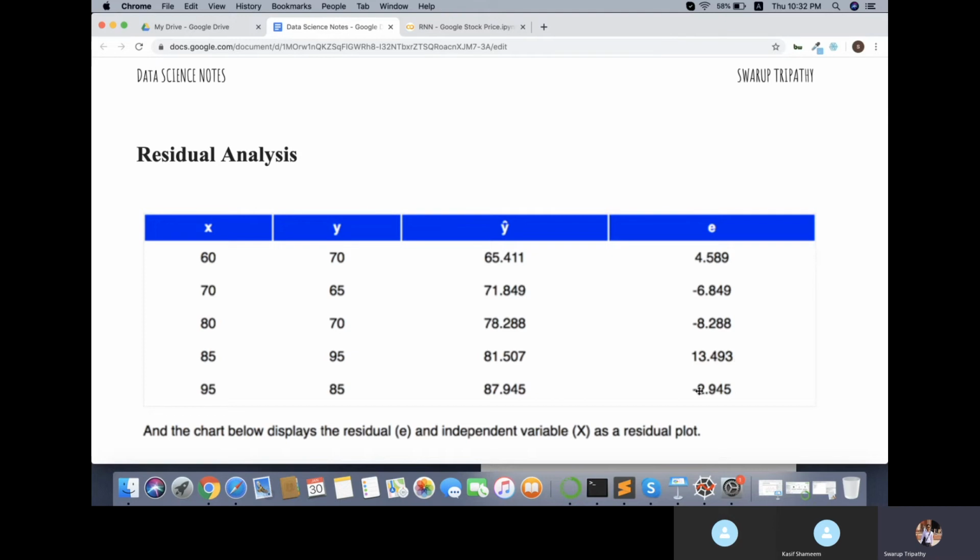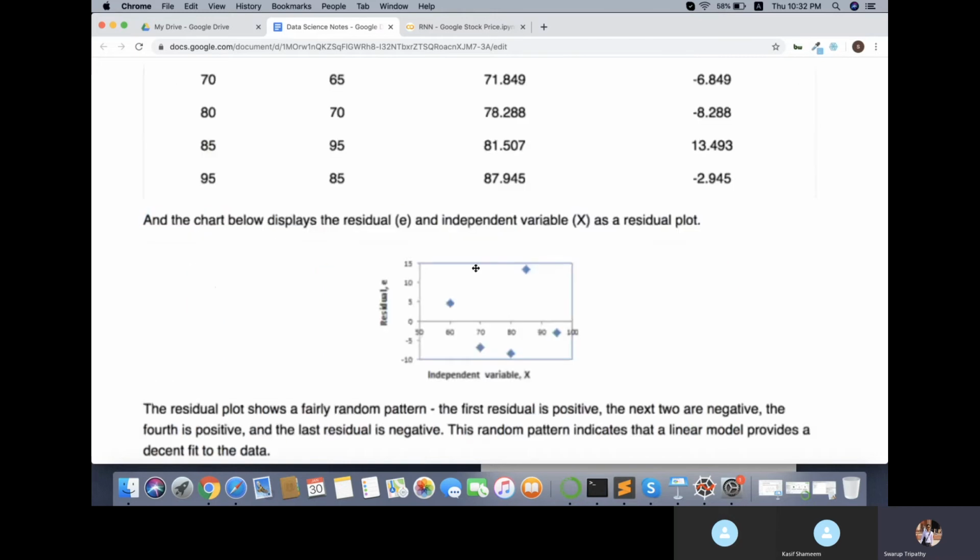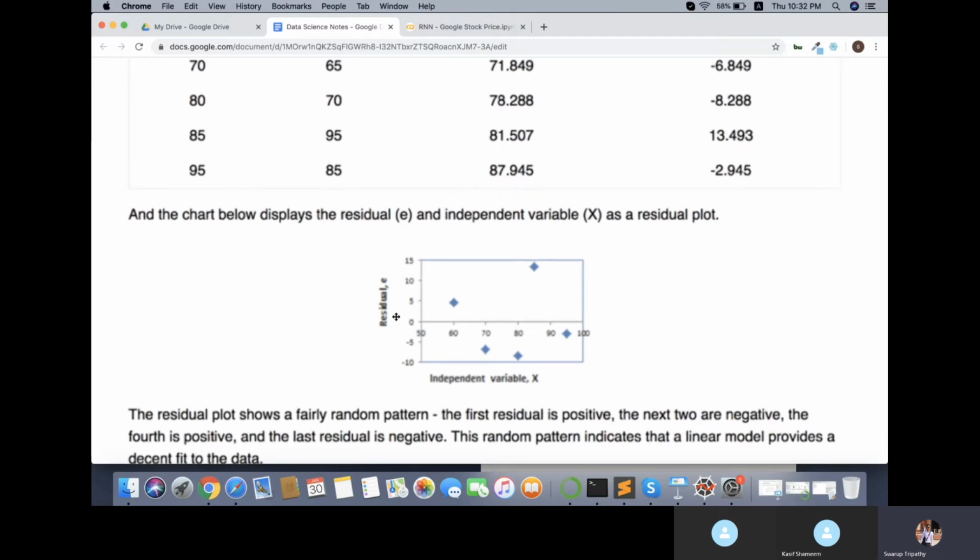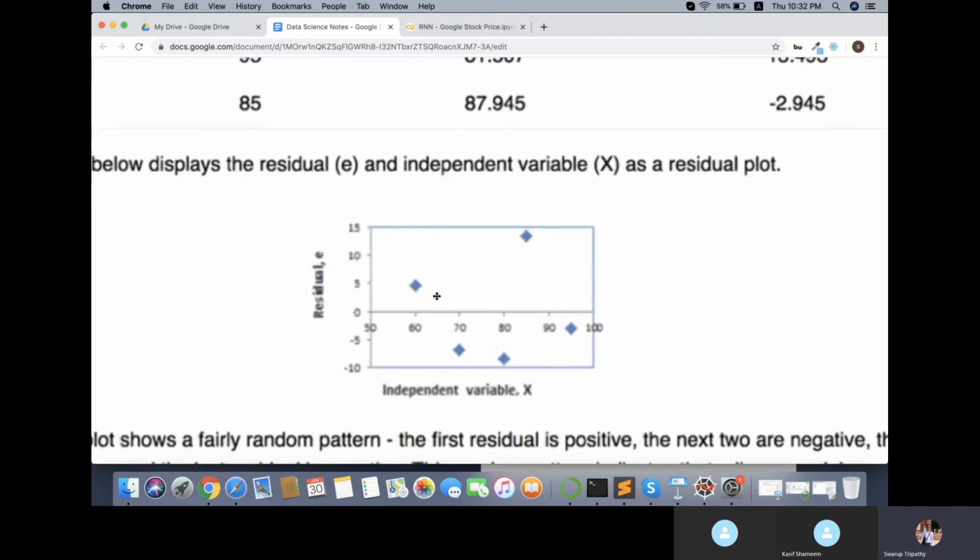Now within these errors, if you see an equal distribution of positive values as well as negative values, randomly distributed on both sides, then you can say that it's a good fit for a linear model.